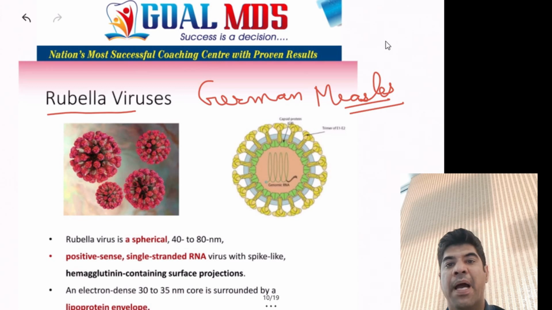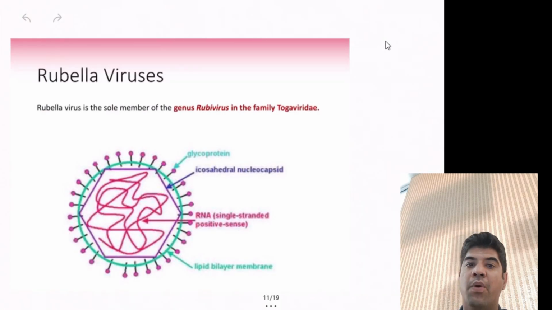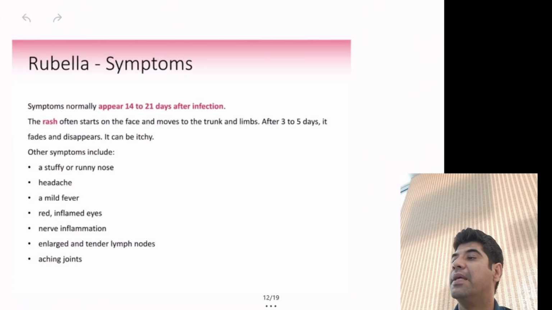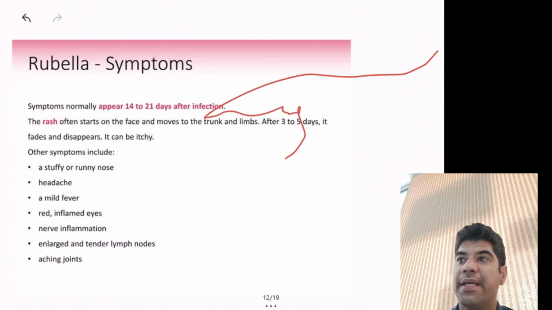It is generally a mild illness but can have serious consequences if contracted by a pregnant woman, as it can lead to congenital rubella syndrome in unborn babies. It belongs to the Togaviridae family. The incubation period is around 2 to 3 weeks.